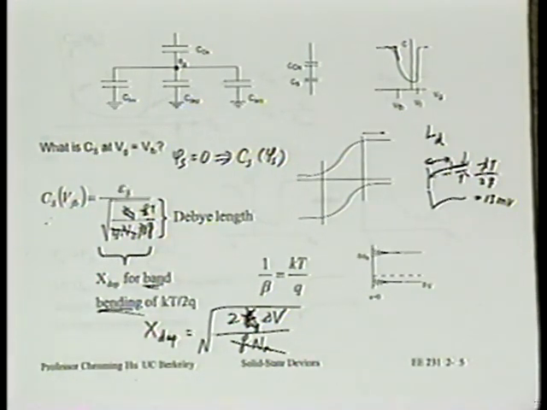Now clearly this Debye length is shorter with heavier doping and longer with lighter doping. So today with 10 to the 17th of doping, we're probably talking about Debye lengths of 100 angstrom or so.